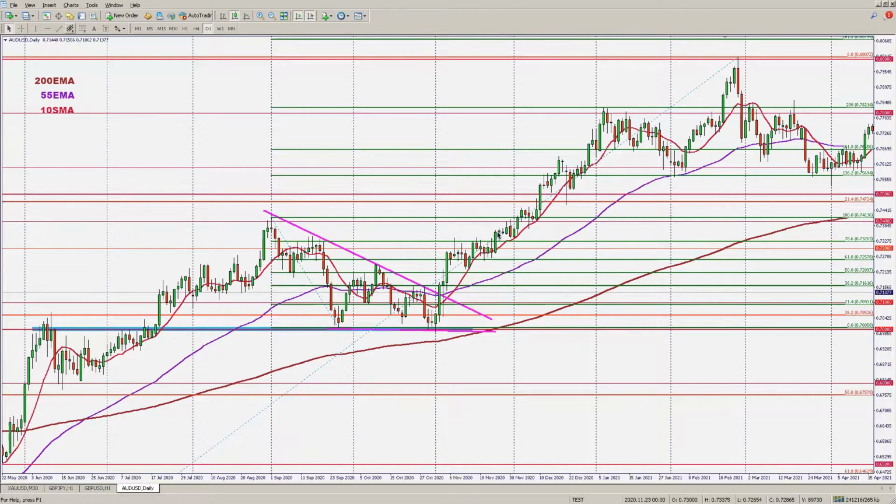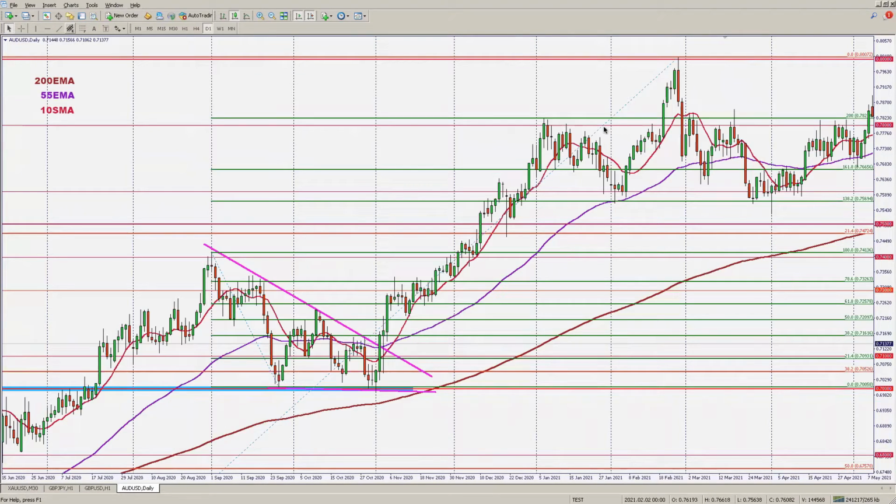And from this reversal move, that's the 100 fib here, it broke out to hit the 200 fib exactly up here. So that's double this height.